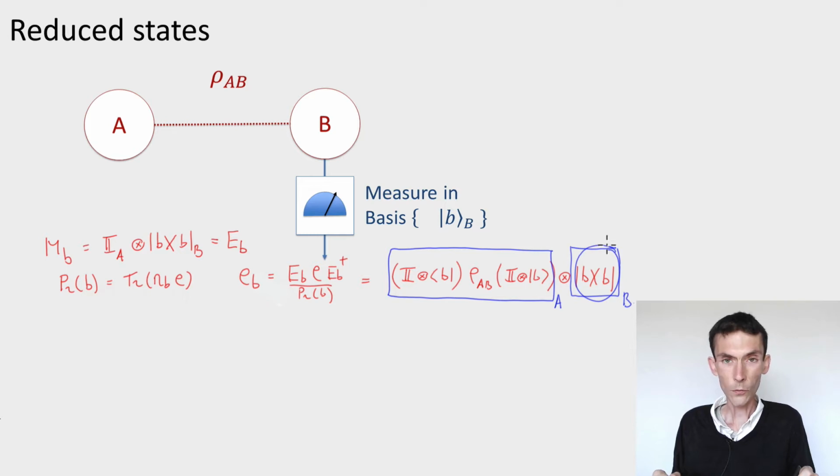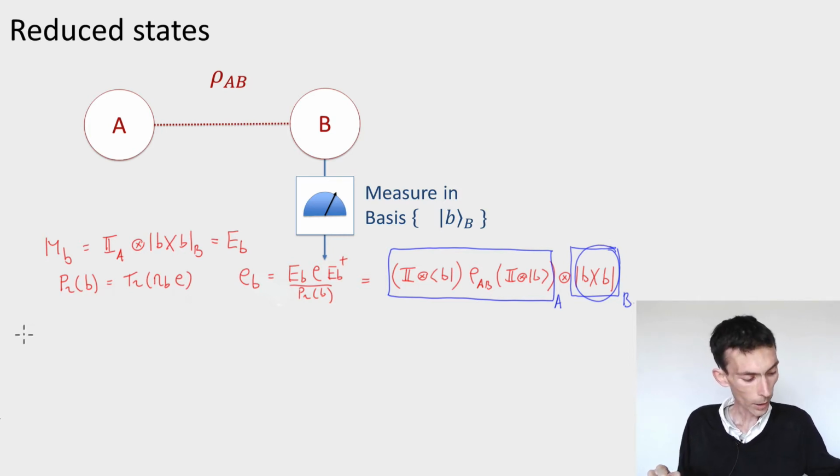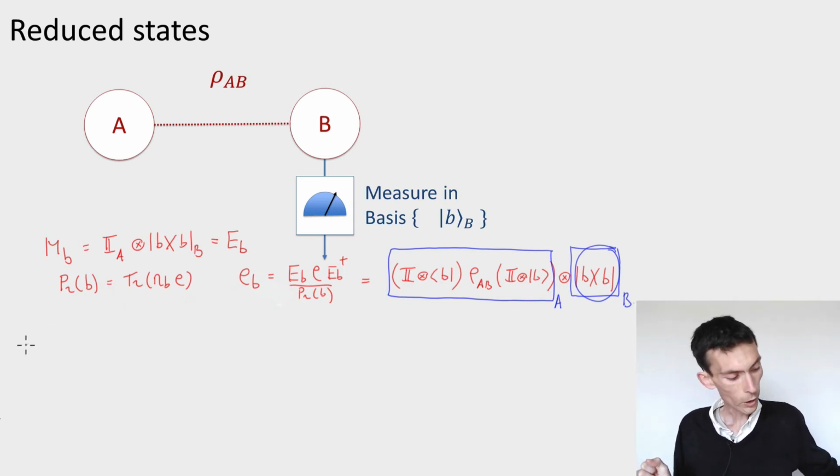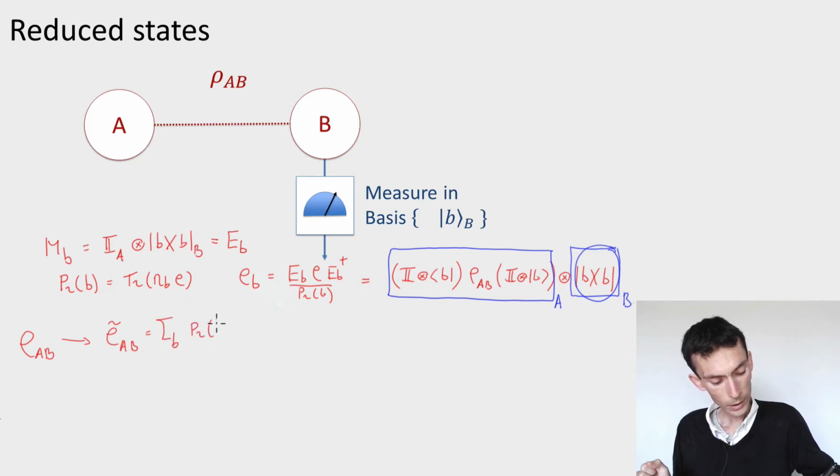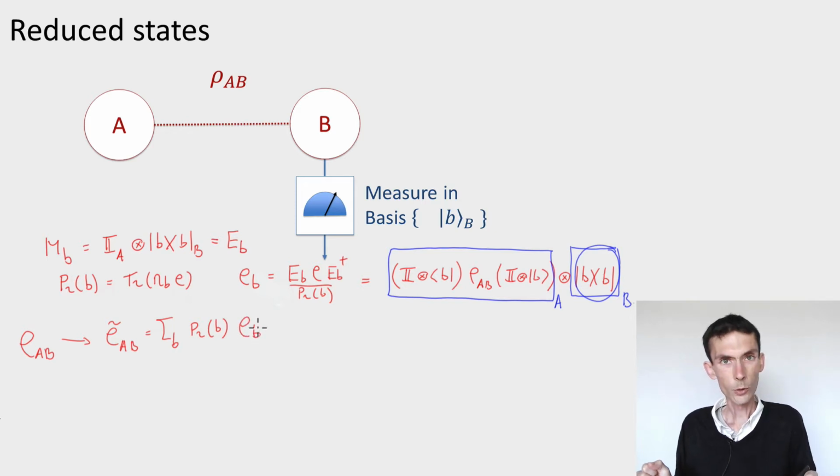That's the density matrix of the A system, conditioned on having obtained outcome B on B. So now if we don't do this conditioning, if we just look at the average state that's obtained, averaging over all possible outcomes on B, then by performing this measurement, what we've done is that we've evolved the global state ρ_AB into a state I could call ρ̃_AB, which is the sum over all measurement outcomes of the probability of obtaining that measurement outcome times the corresponding post-measurement state.